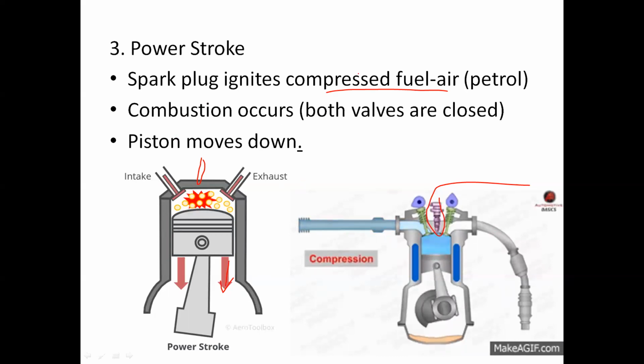But in this case, since we're dealing with petrol or gasoline fuel, there's a need for the spark plug. So the compression will just increase the temperature, and then the spark plug will ignite the fuel, and combustion will occur. And that will force the piston to go down.